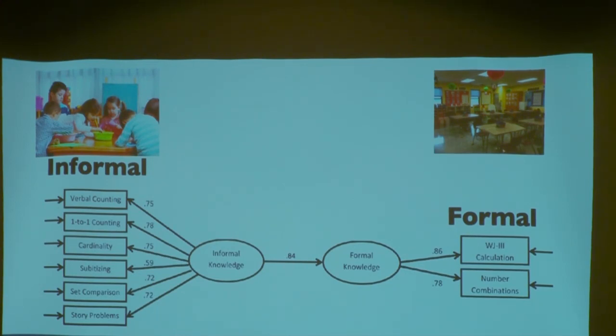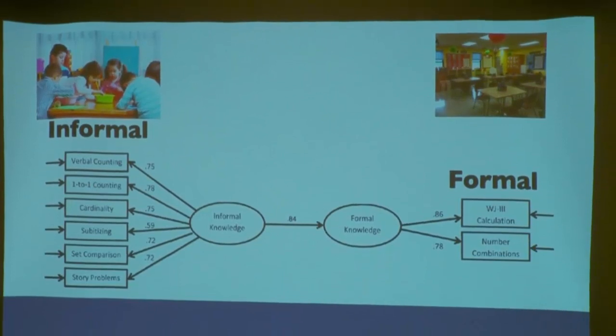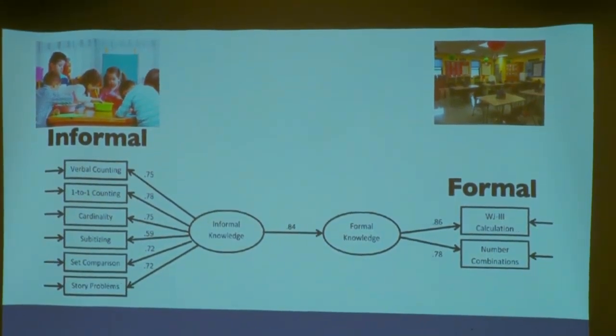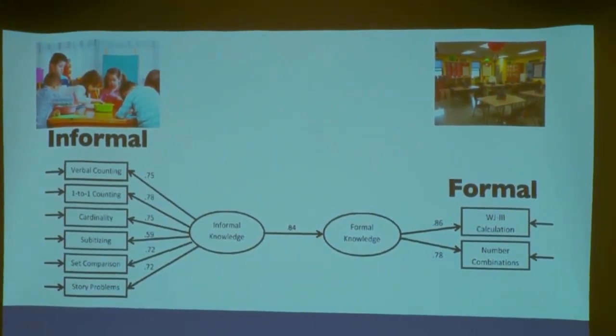So these are things like being able to count, being able to compare sets, being able to give the answers to simple story problems. And then later on in grades 1 and 2, they were assessed on their formal knowledge using calculation abilities as well as David Geary's number combinations test. So these formal assessments are more closely related to what they learn in elementary school, and the informal is more what they learn in kindergarten and in preschool more generally.